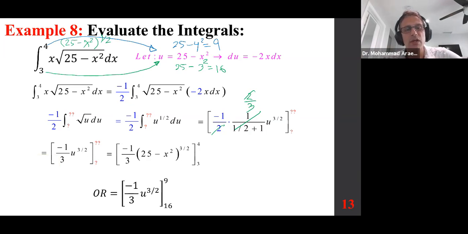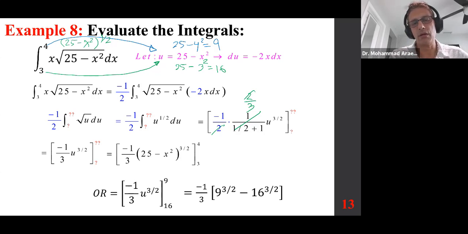So we get negative 1/3 times 9 to the power of 3/2 minus 16 to the power of 3/2. So what is 9 to the power of 3/2?